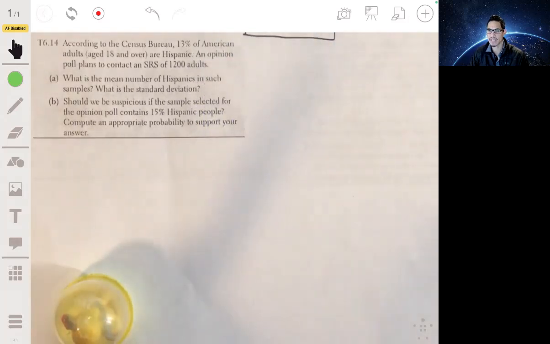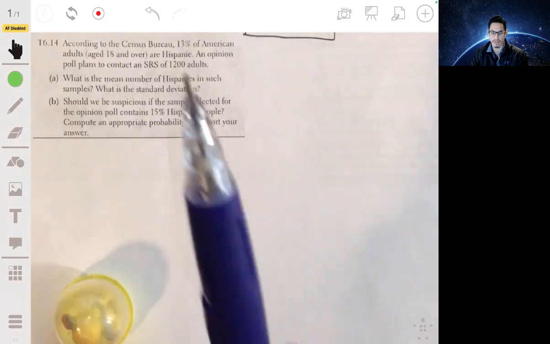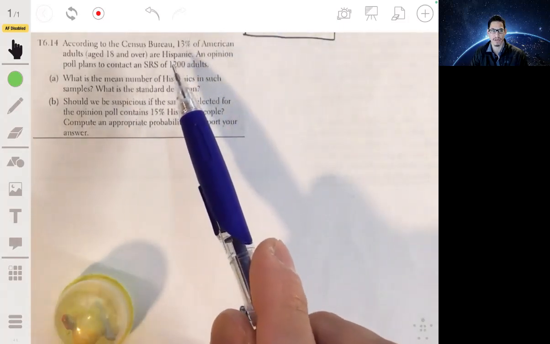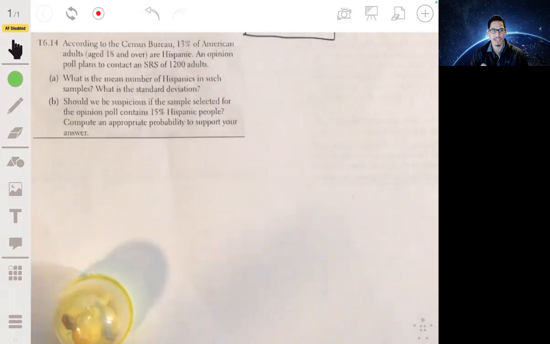So it satisfies the binomial condition, the BINS condition. They're going to be independent. There's a fixed number; we're selecting 1,200. There are 1,200 trials, and the chance of success is always the same. So this is a binomial random distribution.